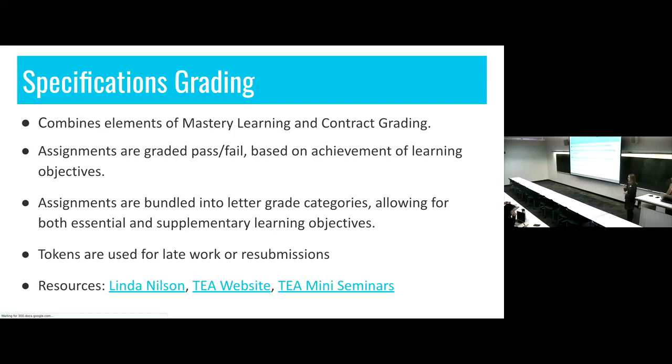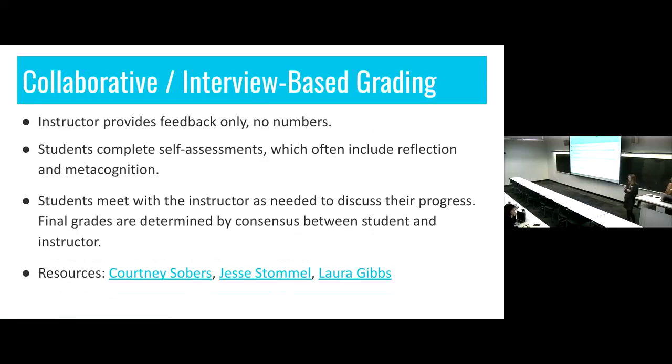So maybe each student gets 5 tokens at the beginning of the semester, and then that's the number of resubmissions. They could use a token either to resubmit an assignment that they perhaps didn't pass, since it's pass-fail grading, or they could use it to turn in something a day late, depending on how you set up the system. Yeah. Other questions?